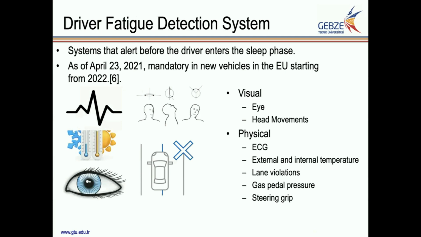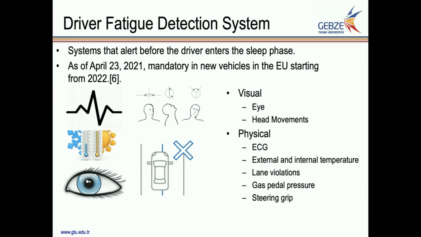So there are some applications, there are some regulations for detecting drowsy drivers, and starting from April 2021, all the cars that are produced in the European Union have to have a driver fatigue detection system.